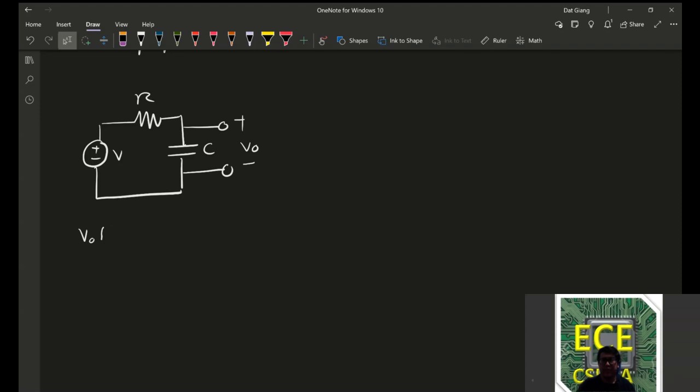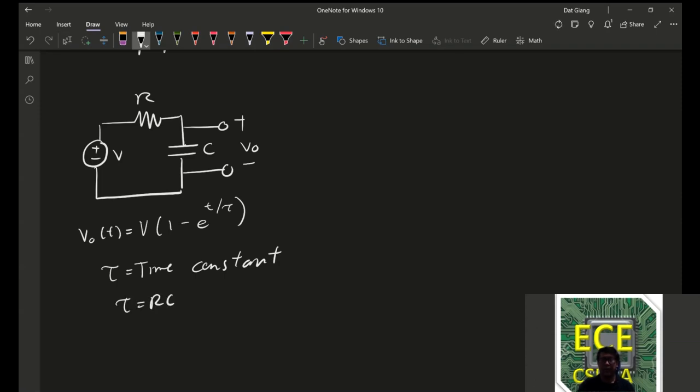V out of t is equal to some initial value times 1 minus e to the negative t divided by tau, roughly. Now, tau is what's called a time constant, and for this specific network, tau is equal to RC.